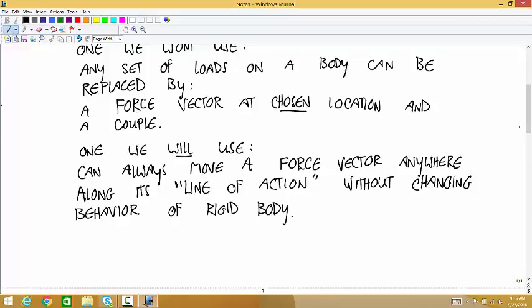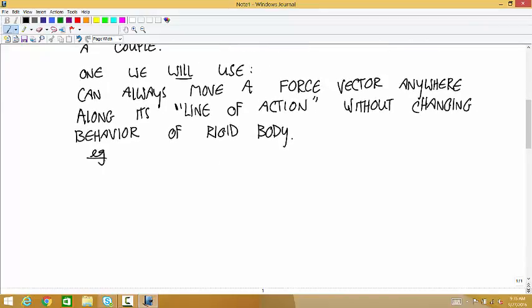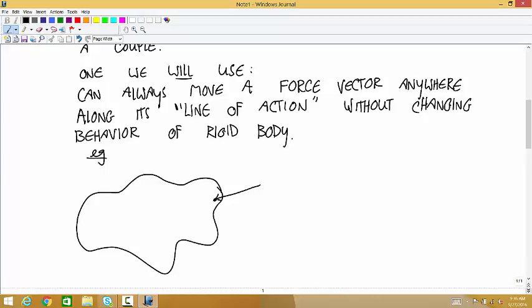So here's an example. If this is the rigid body, and you have a force vector applied at this point, the line of action is the line that goes through the point where it's applied and is parallel to the force. So this is the line of action, and the line of action doesn't stop where the body stops.